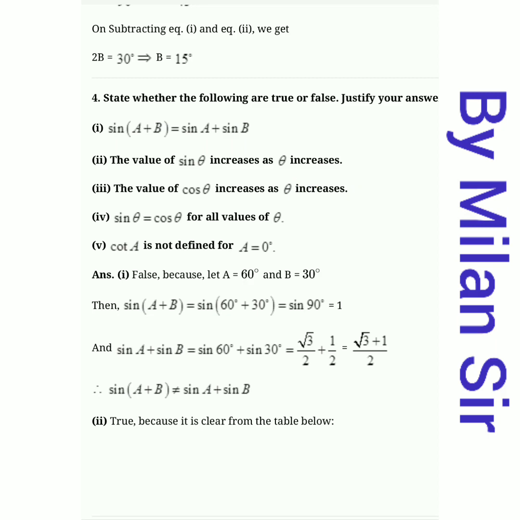Then fourth, sin theta equals cos theta for all values of theta. Obviously false, because from the table, sin theta equals cos theta only for theta equal to 45. For different values of theta, sin theta and cos theta are different. For example, take theta equal to 30.